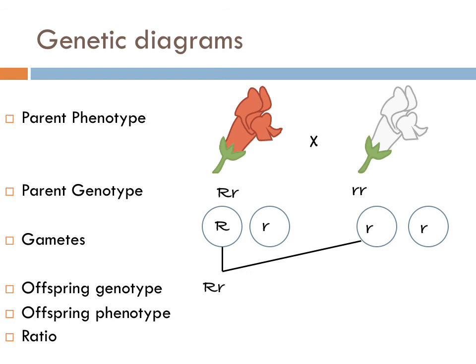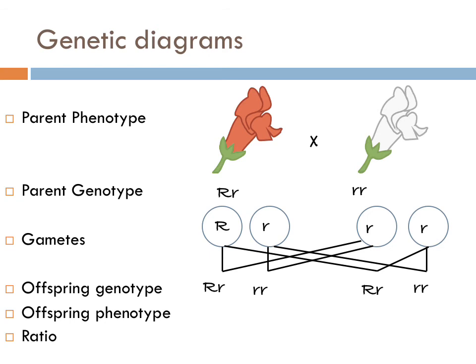Capital R, small r. And the other probability, what if this small r meets with this small r? Two small r's. What if this capital R meets with a small r, capital and small r. And what finally would we have when small r fertilizes a small r? We get two small r's.